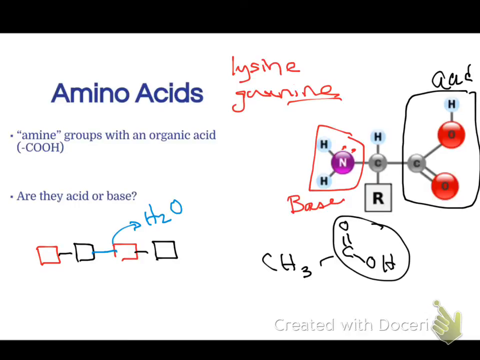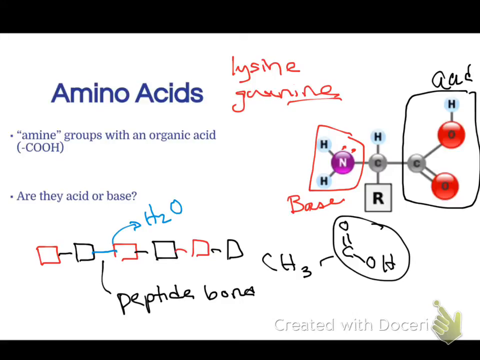Okay, so this would make a long chain. You keep going down like this, you keep making connections, and proteins are really long chains of amino acids, like hundreds and hundreds of thousands of amino acids attached together. When they attach like this, we call this a peptide bond. It just means protein bond.